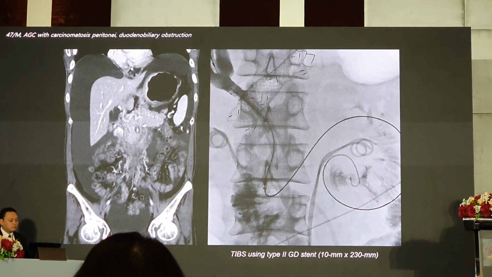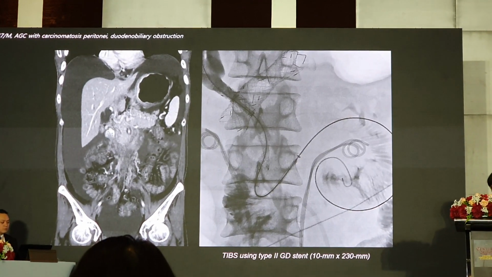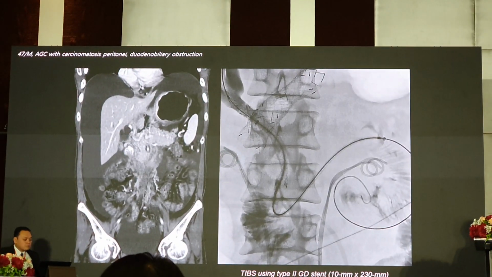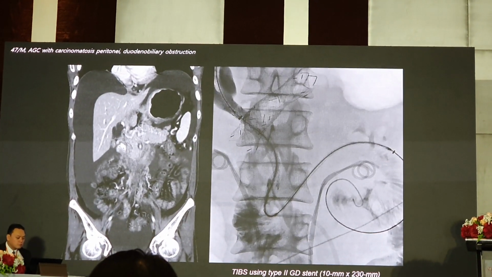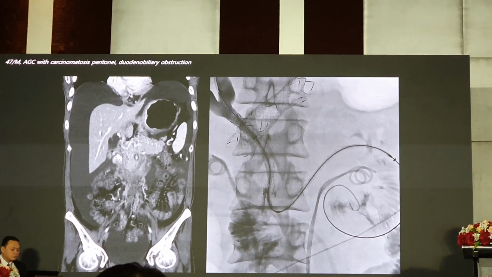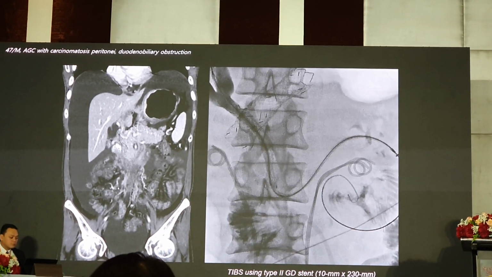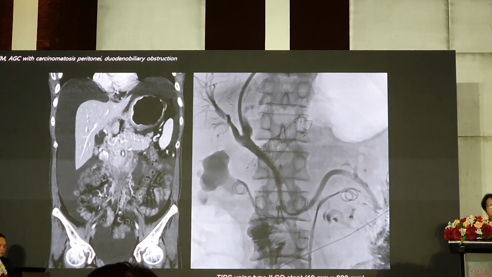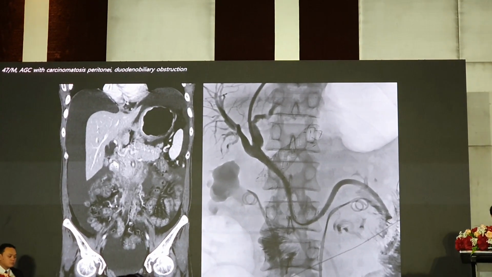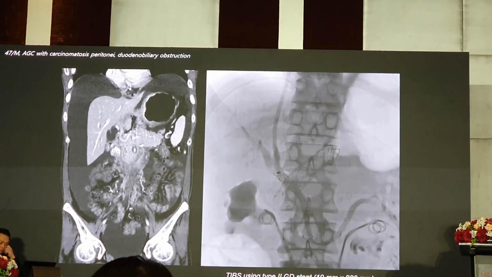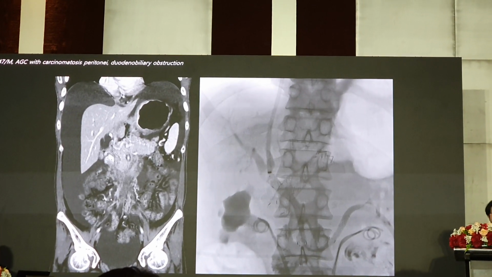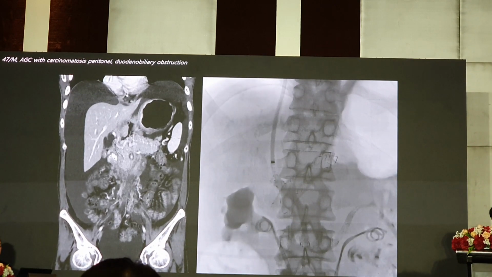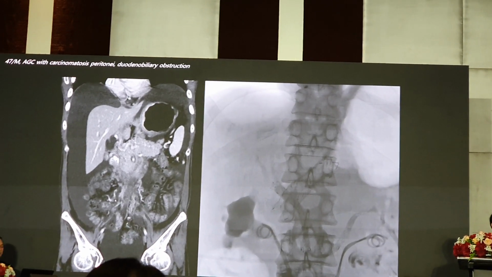So I decided to perform additional long biliary covered stenting like this. The usual length of this stent is 23 centimeters. After stenting, I aspirate the intrahepatic bile juice through the 9-French sheath, and I just remove the sheath.